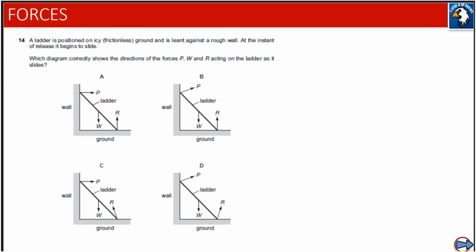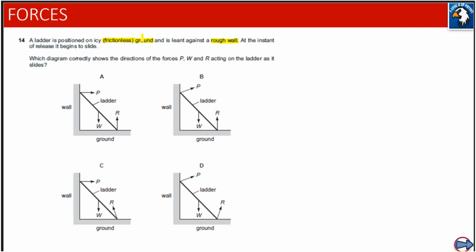Here is our second question, and this is a typical question from Cambridge Paper 1. Let's try to find out what is given to us first of all. For this question, it is given that the ground is frictionless and the wall is rough. We need to understand the meaning of this.